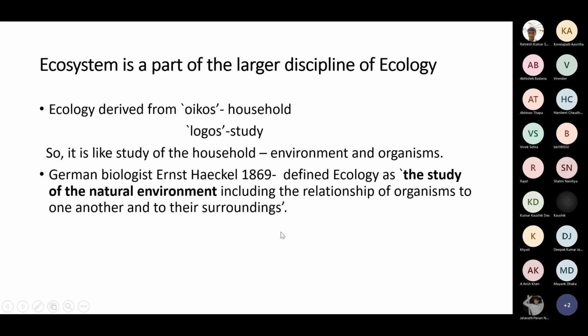It is only as early as 1869 that the term ecology, as we understand it presently, was coined by Ernst Haeckel. It means the study of the natural environment, including the relationship of organisms to one another and to their surroundings. Now, ecosystem is actually part of the discipline of ecology.